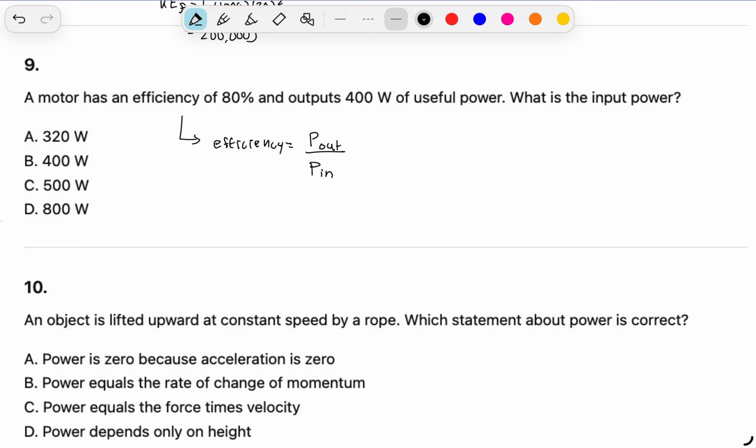So if you solve for your input power, you have P out over your efficiency, and your power out is 400. It says outputs 400 watts, and our efficiency is 80%. So as a decimal, that's 0.80. So that means that your power in is going to be 500 watts.